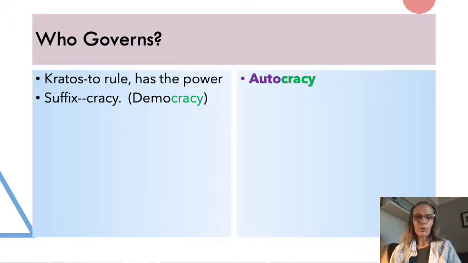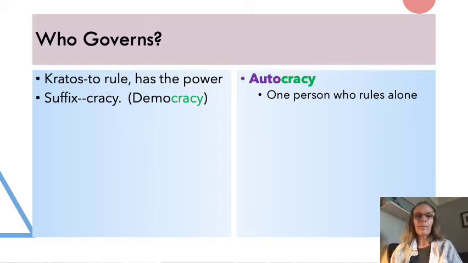And so the first one we're going to take a look at is autocracy. That's how you pronounce that. Autocracy, okay? And we know it's about government because it has the suffix cracy, but ask yourself, when you think about the prefix auto, what does that mean? Well, auto oftentimes refers to alone, okay?